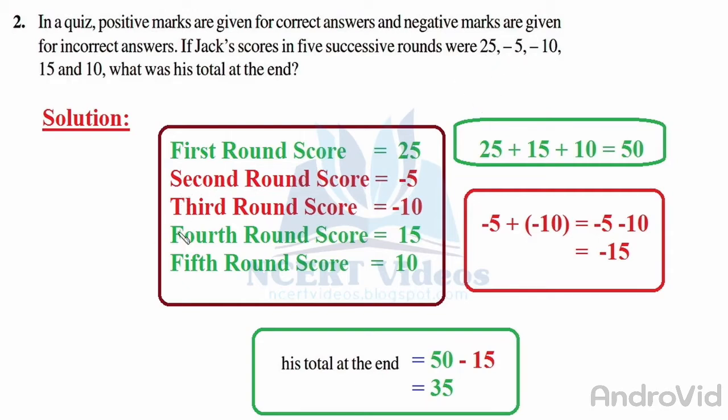First 25, second -5, similarly for fourth 15 and for fifth he scored 10. So we have made it easy by making positive numbers green and negative ones red. This makes calculation easier. First of all, we will add the green ones, that is the positive scores he achieved. So 25 plus 15 plus 10 is nothing but 50. You can do it very easily.